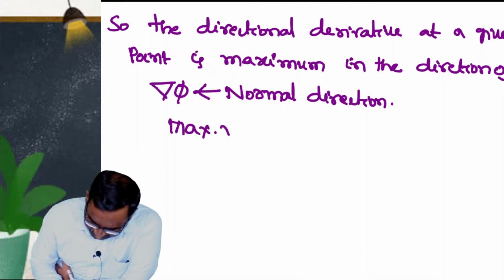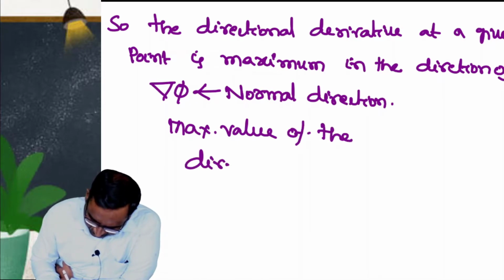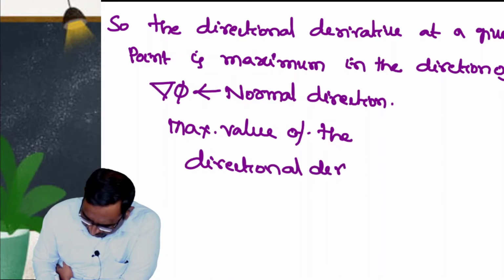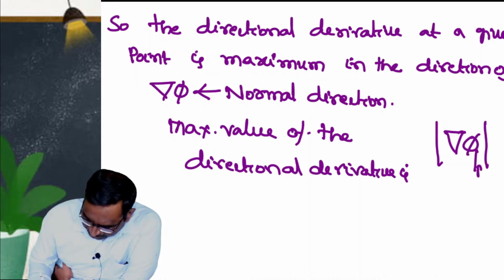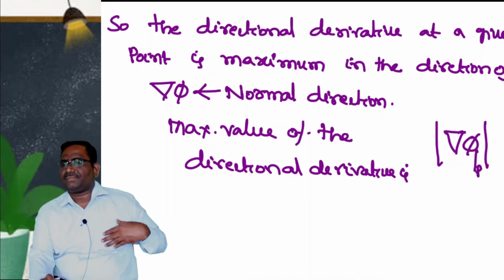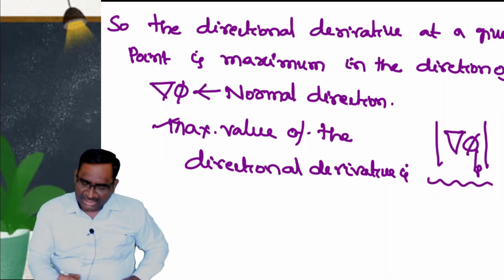The maximum value of the directional derivative is, if you take the magnitude at that point P, always a point is there.